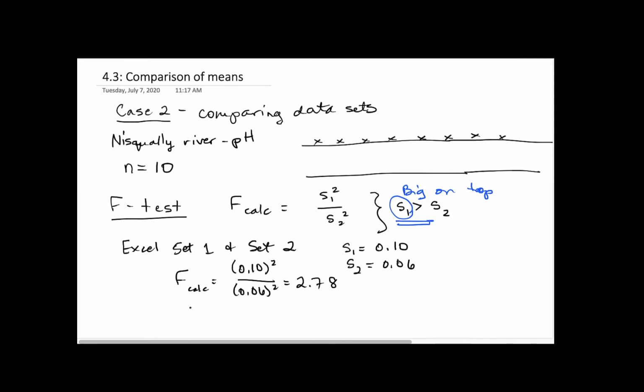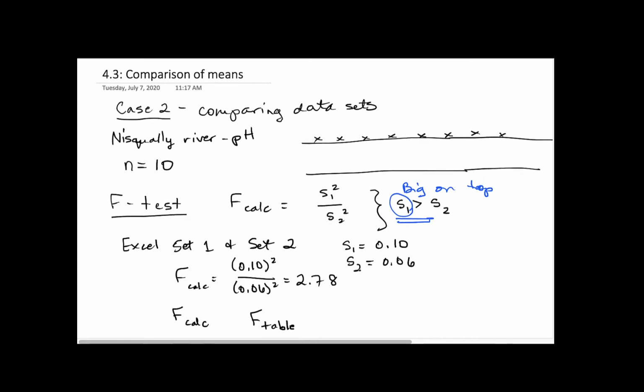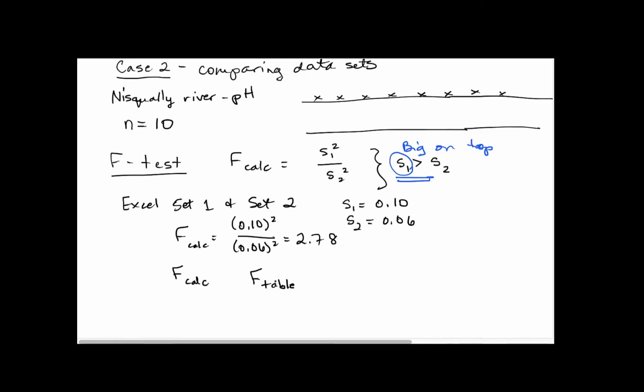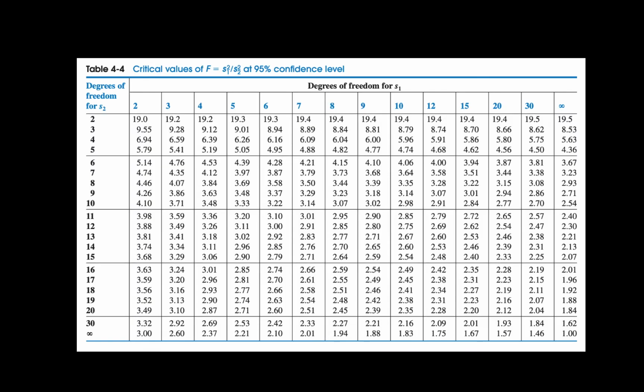This isn't as far as we go, right? We also have to compare this statistical number to something. In all of our statistical tests, we're going to be comparing the number that we calculate to a tabulated number. So I'm going to switch over to show you that tabulated number here. As you're looking at table 4.4, notice that we have columns with degrees of freedom and rows with degrees of freedom.